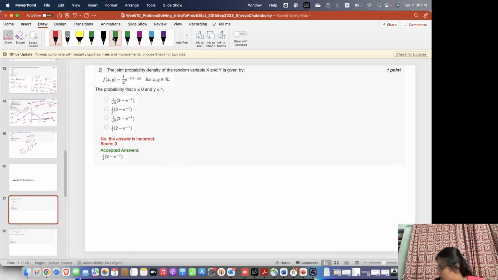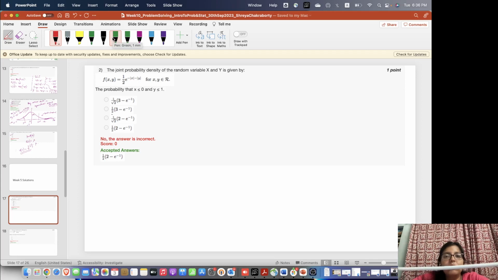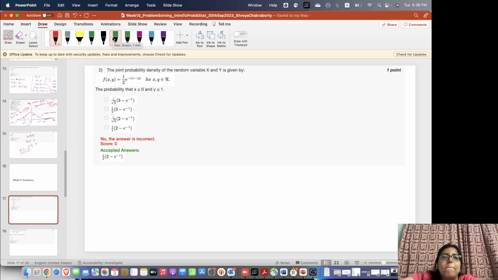So this is the joint probability density of the random variables x and y. In order to find these probabilities, we have to integrate within those limits.